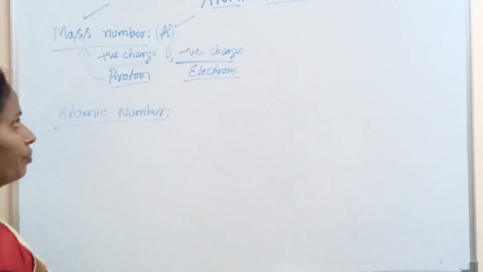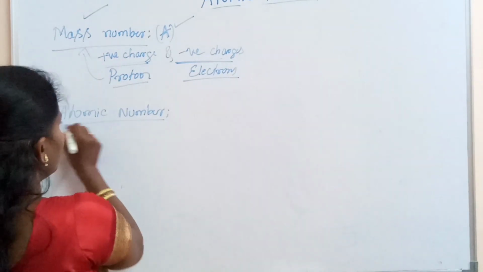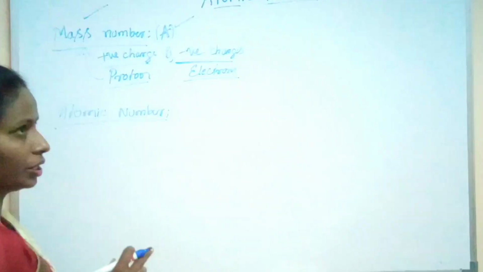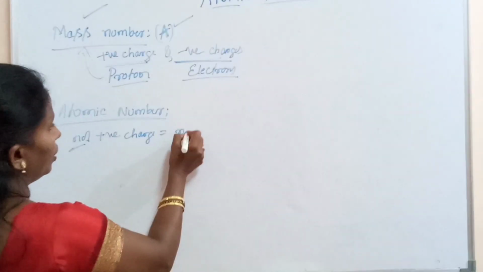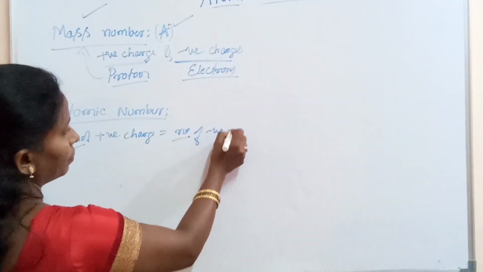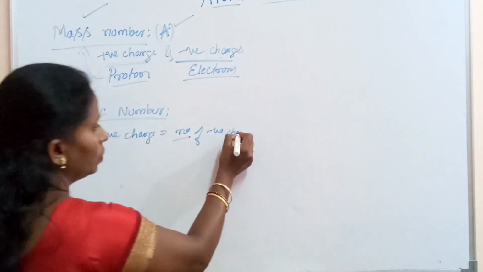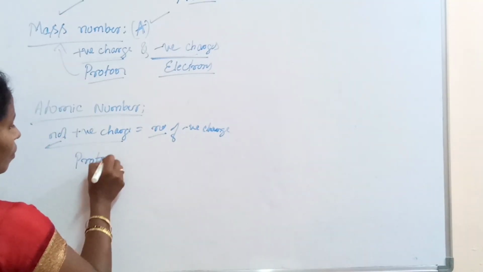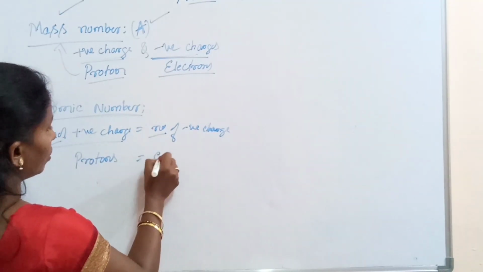Represented by capital letter A. Then atomic number: both in the J.J. Thomson model as well as in the Rutherford model, they showed that the number of positive charges is equal to the number of negative charges, protons and electrons.